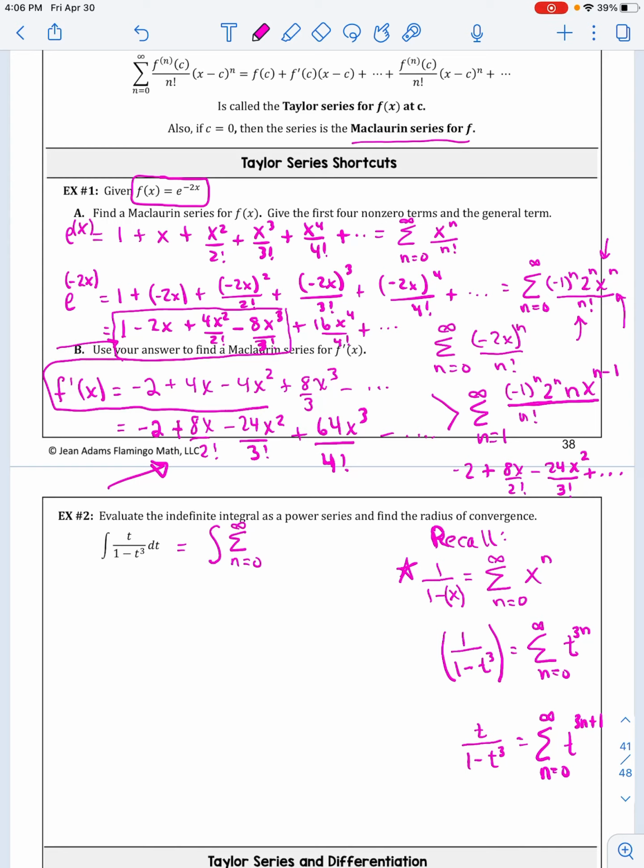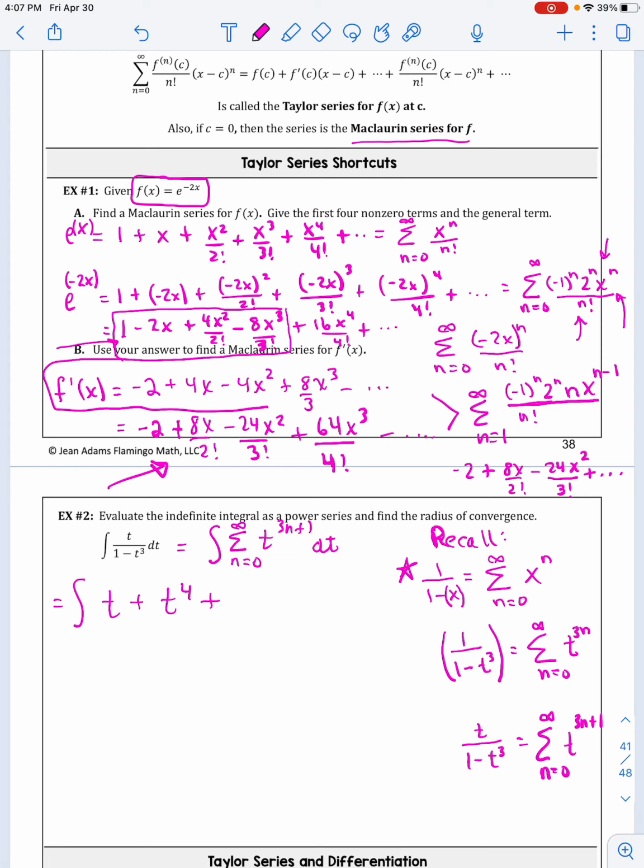So when I see this integral of t over 1 minus t cubed dt, and I've already created that summation starting with 1 over 1 minus x, I'm going to say that's the integral of the summation t to the 3n plus 1, and since I'm integrating it, this would be dt.